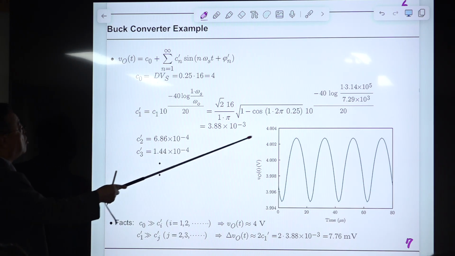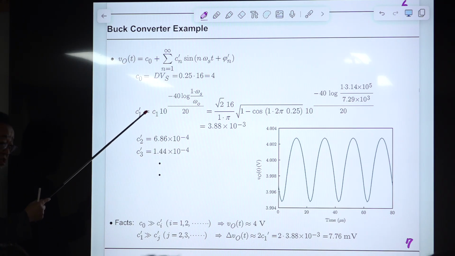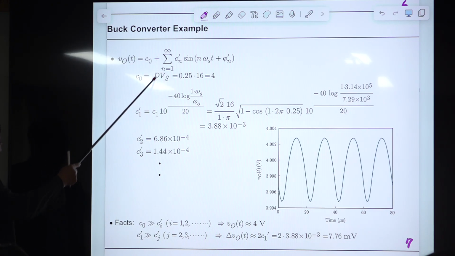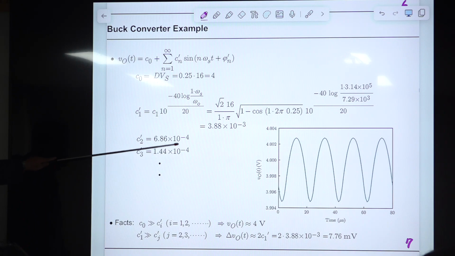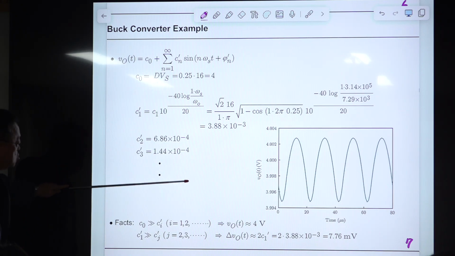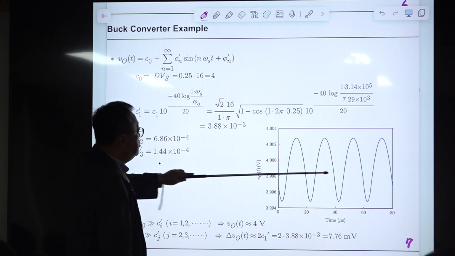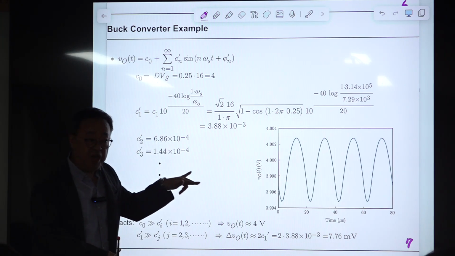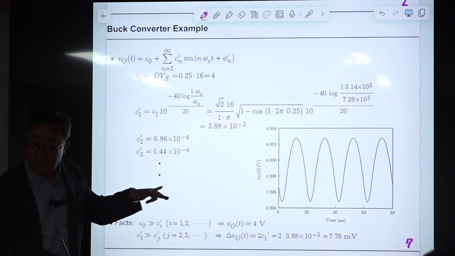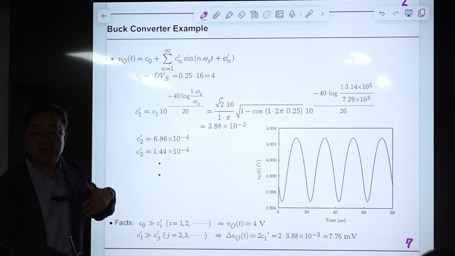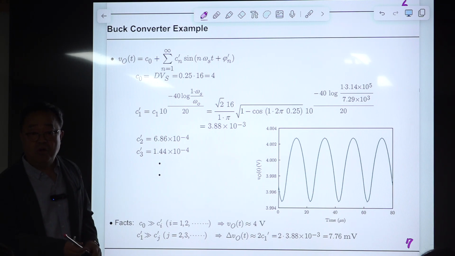This is the magnitude of C1 prime, the fundamental component of our voltage induced by the fundamental component of Vx(t). And then the second term, third term, fourth, fifth, and so on. This is the simulated waveform of our voltage. This is an exact simulation using PSpice or CAD. In the past, the software was called PSpice.